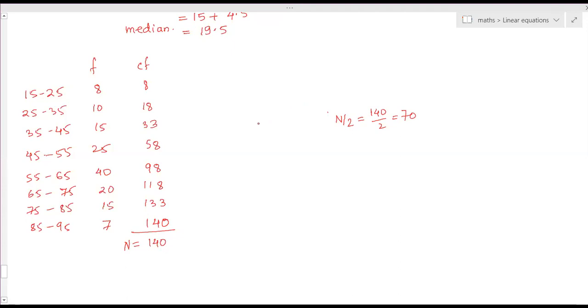Then next, finding median class. It will be n by 2, that's done.